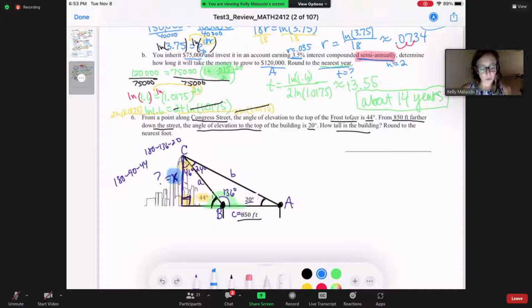So we're going to use law of sines here because the only side we know is this side right here. We don't know this one, we don't know this one, we don't know the bottom, we don't know x.